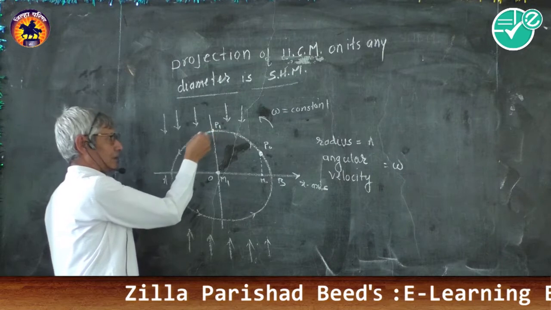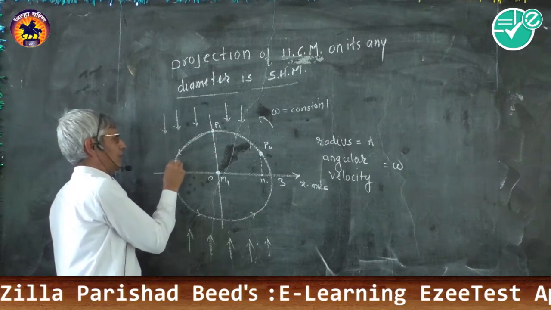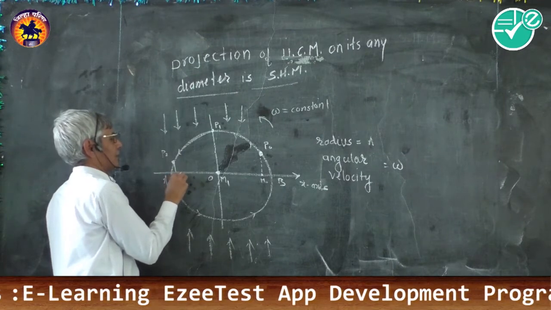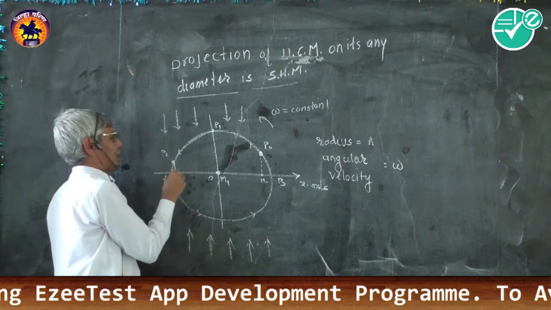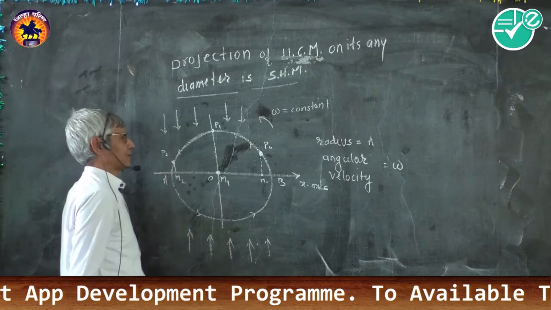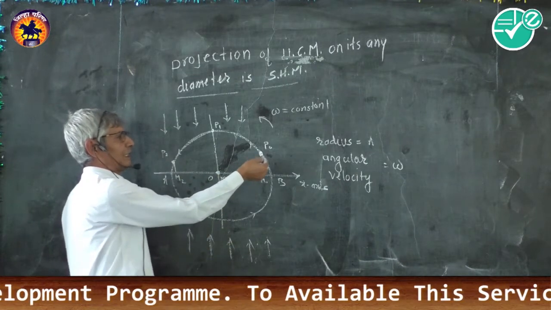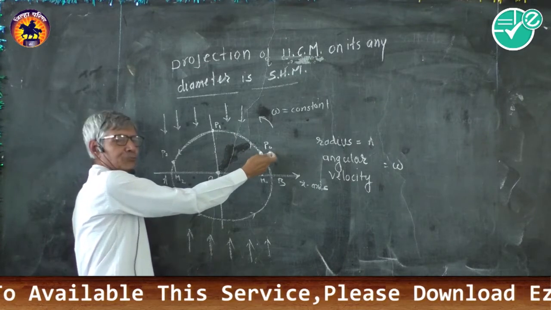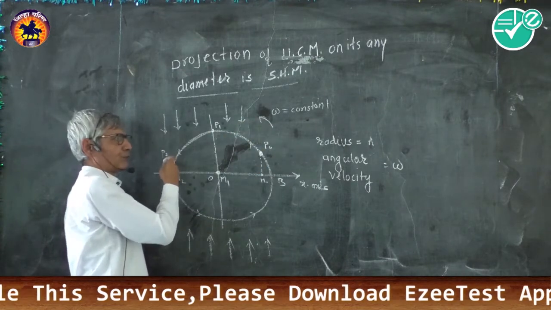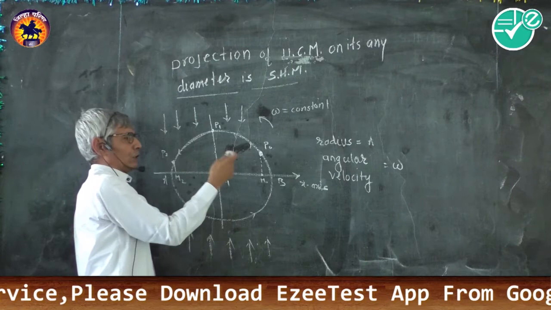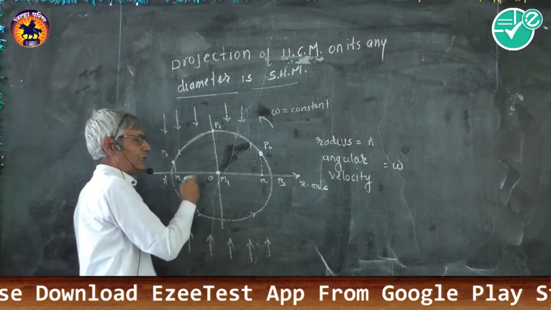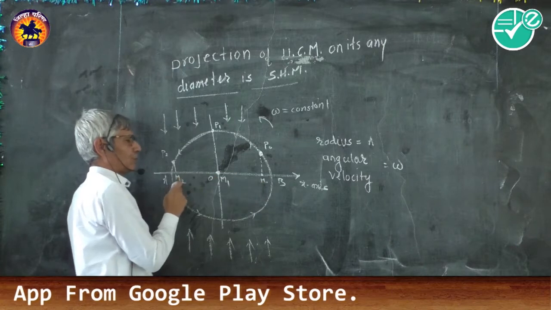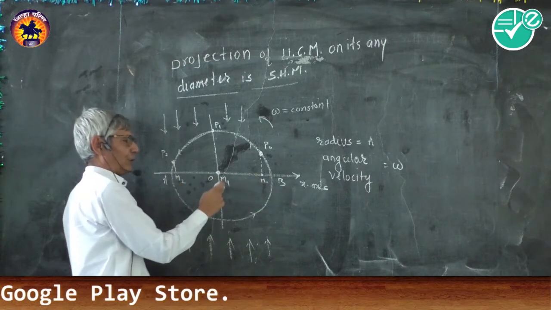Now, if it comes to position say P2, the position P2 has projection M2 on the diameter AB. So, in short, when the particle performing circular motion has moved from position P0 to P2, the projection on the diameter AB has moved from the point M0 to M1 and then M2.